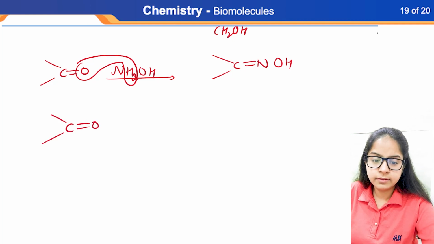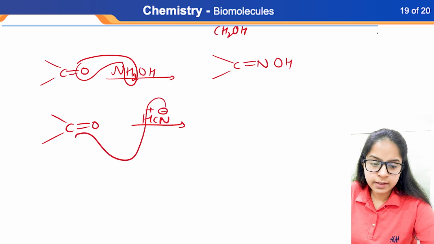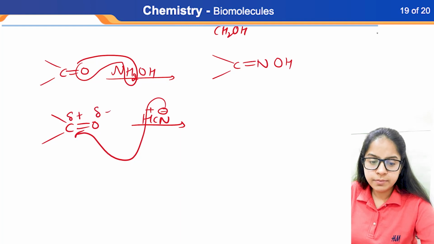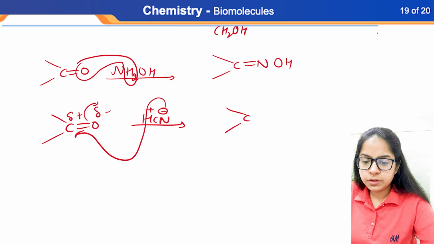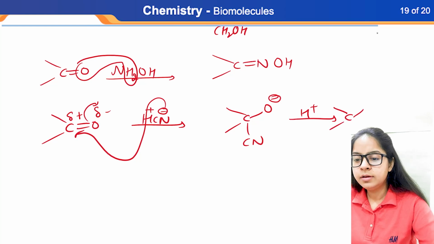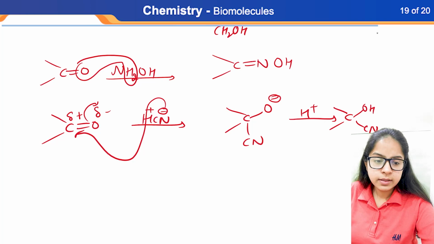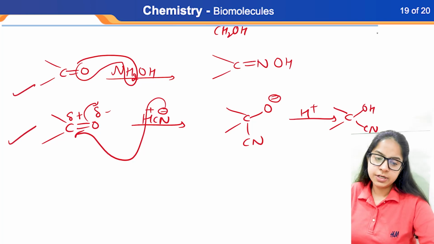After that, HCN: H plus and CN minus will attack over here because it will act as an electrophile. This will be negative charge. So you will get CN, O negative, and after that it will take up the hydrogen: OH and CN. So this is the type of reaction.